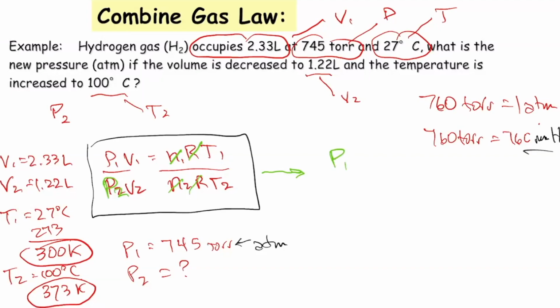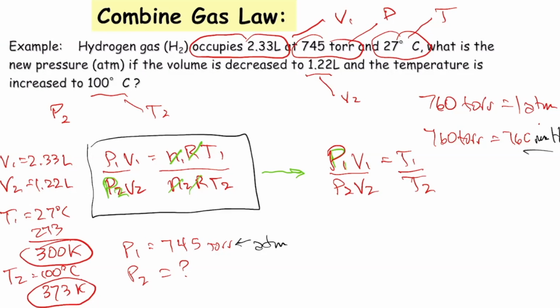P1 V1 over T1 equals P2 V2 over T2. Notice you're not using R anymore. If you're not using R, then you don't have to use atmosphere. You can use torr.